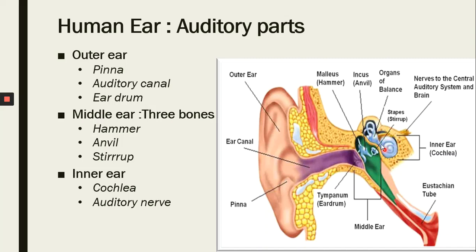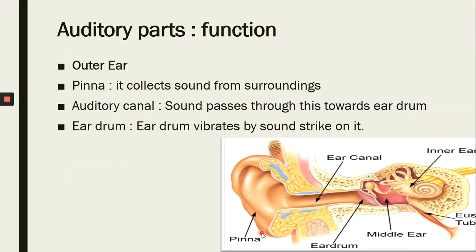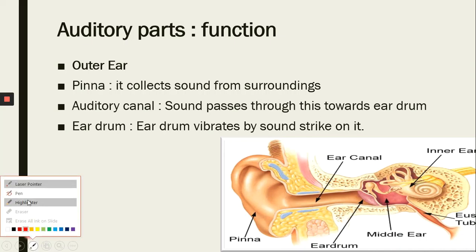After that there is a spiral-type structure called the cochlea, which forms the inner ear, and the nerve goes to the brain and sends all the signals to it. Now, what are the functions of each part?